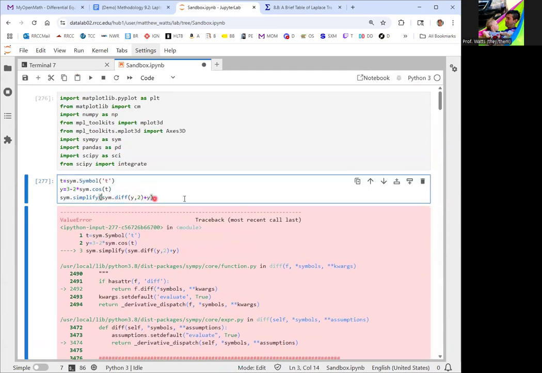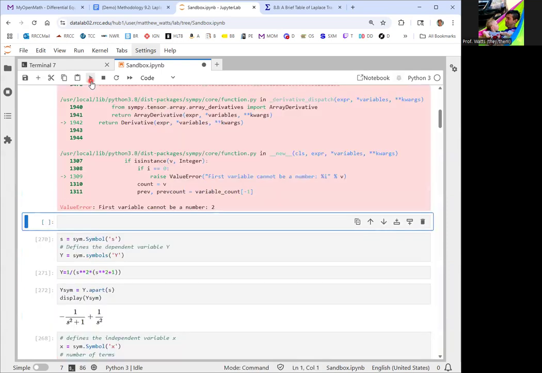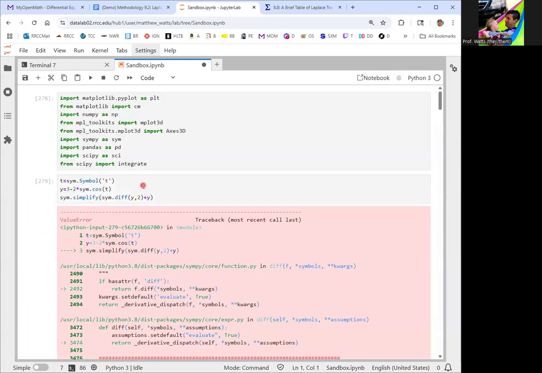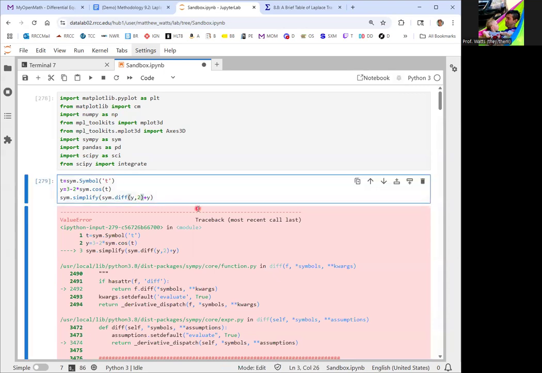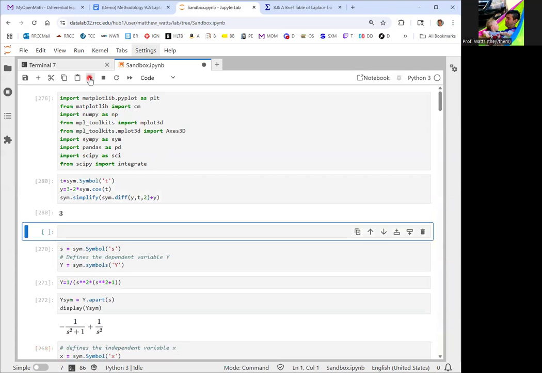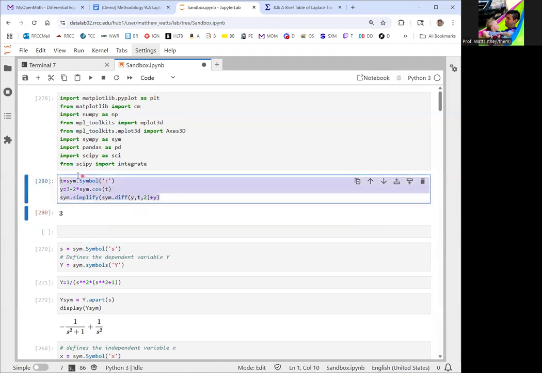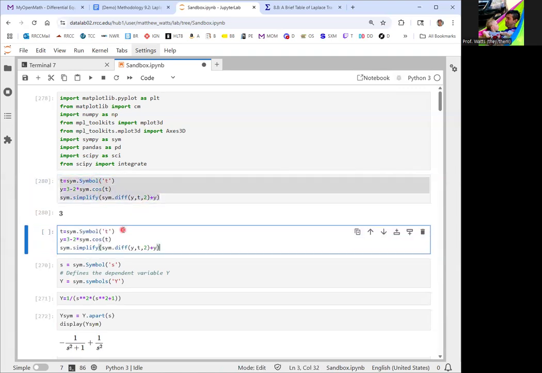All right, where did I mess up? Oh, all right. So my derivative, I need to put, I'm taking the derivative of y with respect to t, and I'm doing a second derivative. So remember, 3 was the first piece of the forcing function, so that checks out. Let's go ahead and just modify that.